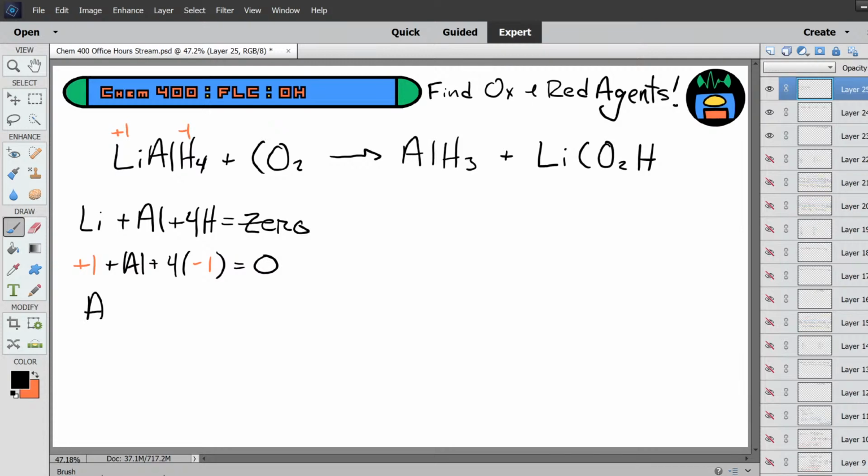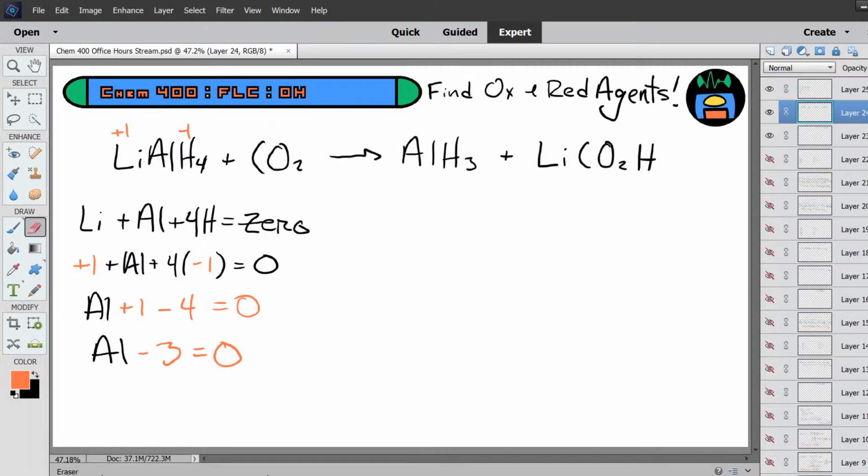So aluminum +1 minus 4 equals 0, that means aluminum minus 3 is 0. So aluminum itself has an oxidation state of +3. I wrote that in the wrong layer. All right, there we go, +3.